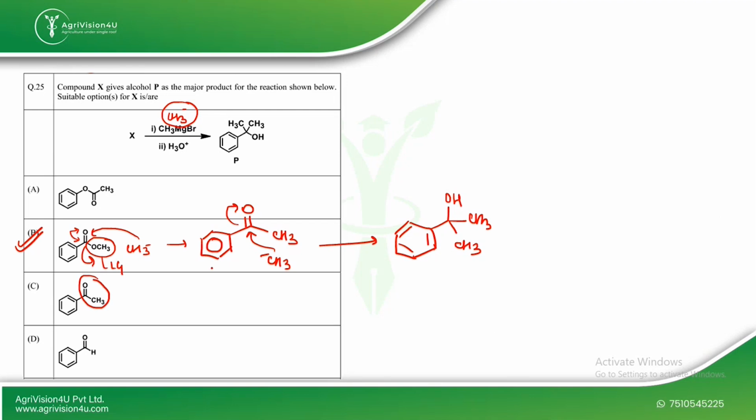Similarly, this unit is already similar. So the product answer will be B and C. Here there is no leaving group, so this cannot be. And here if you attack at this position, then this will be a leaving group, and the product has the phenyl group. We cannot remove this group. So B and C will be the correct options.